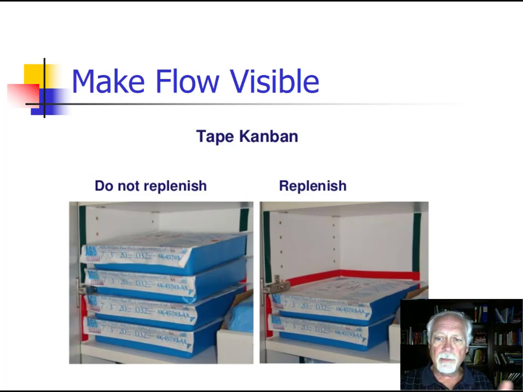This is shown in a simple tape Kanban here, that when you use enough of these reams of paper to expose the red tape, that's a signal to replenish, to order more, or to retrieve more from supplies.